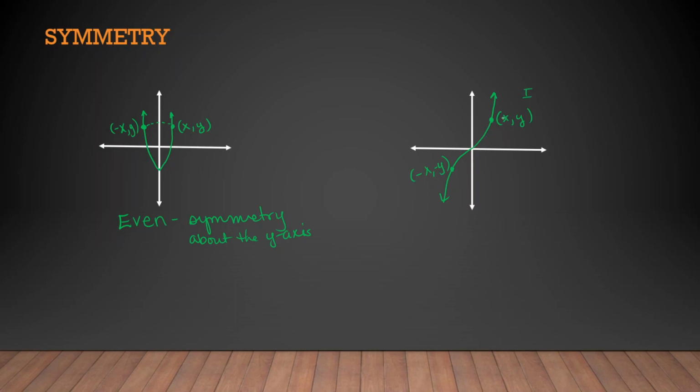Okay, quadrant 1 to quadrant 3. In quadrant 2, points, if there's one over here, it will get mirrored down to quadrant 4. Okay, and this is called odd symmetry, and it is symmetrical about the origin.